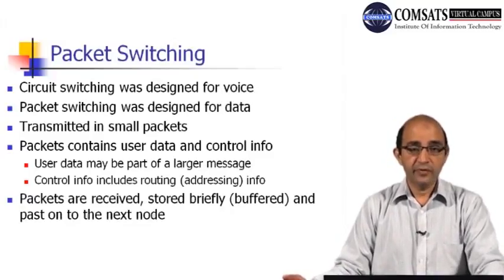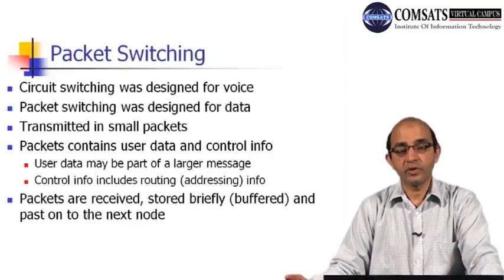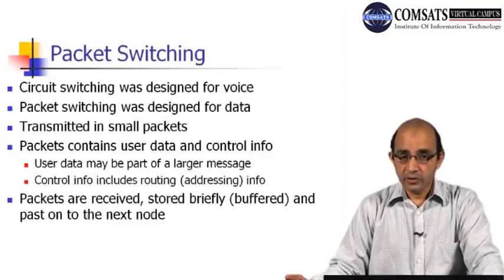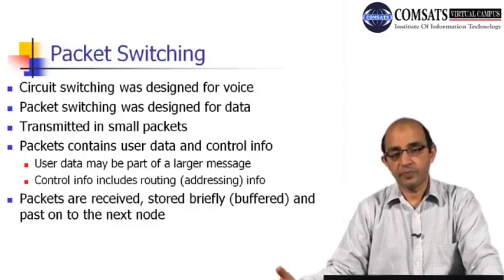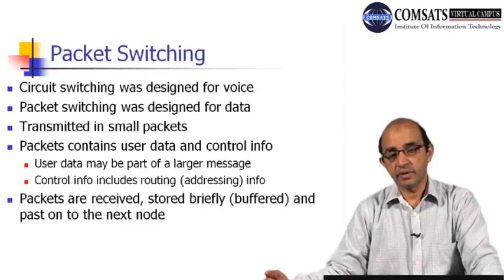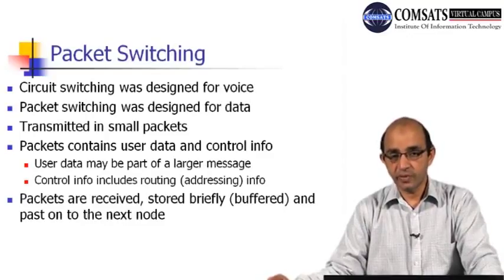So we have packets that are received, and we normally use different techniques in order to overcome the shortcomings. For example, the arrival of packets in different order, and then we have delay, right? And we can use streaming techniques.